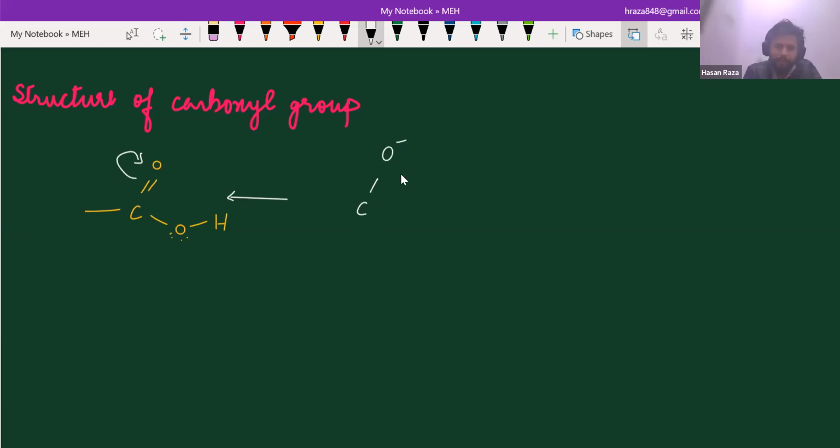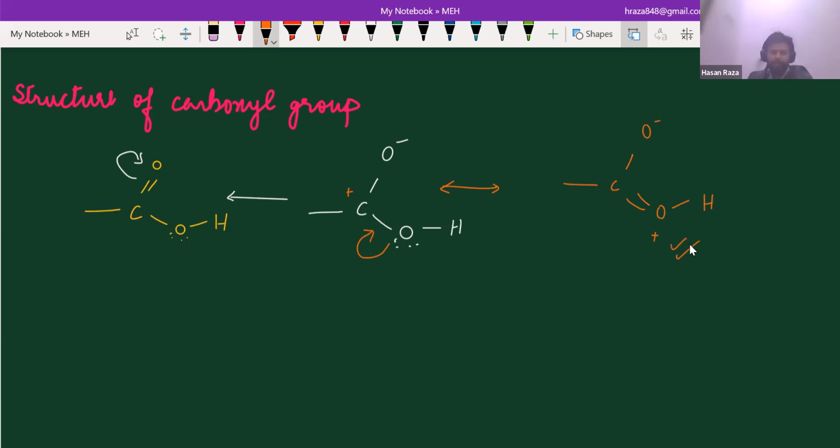So it will be O negative, and then there will be O with 2 lone pairs, and there is hydrogen. Since the oxygen gives the electron to carbon, there will be a positive charge. Again this will move to this side, and then there will be a negative charge on the oxygen, and a double bond between oxygen and carbon. So this is the resonating structure of the carboxyl group. Please do that.